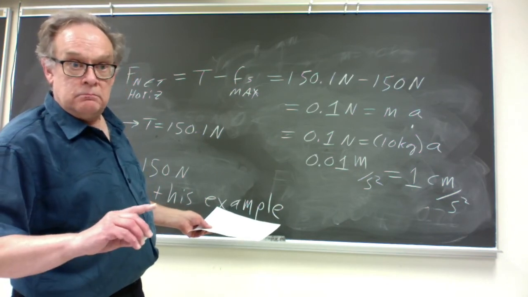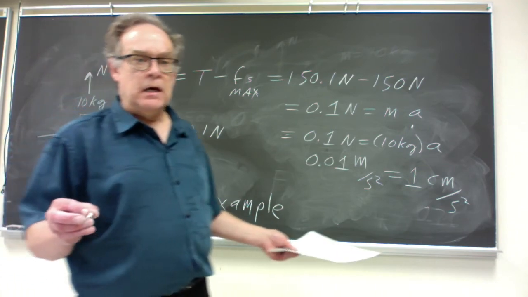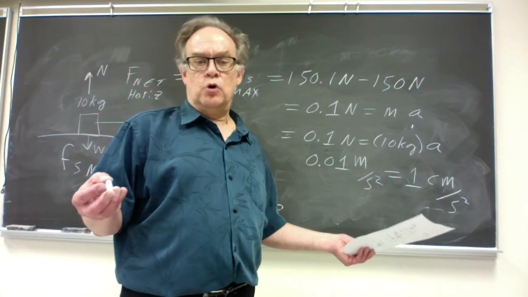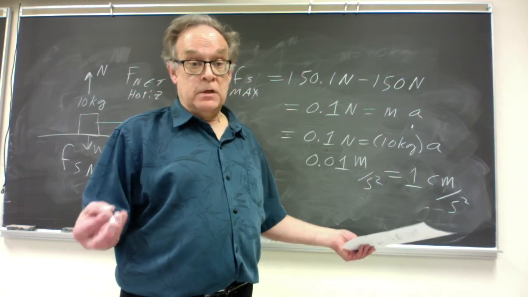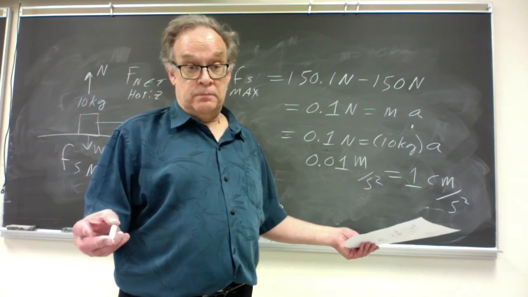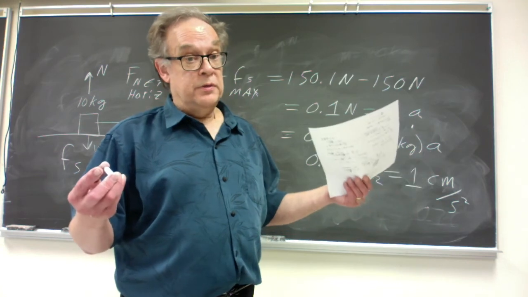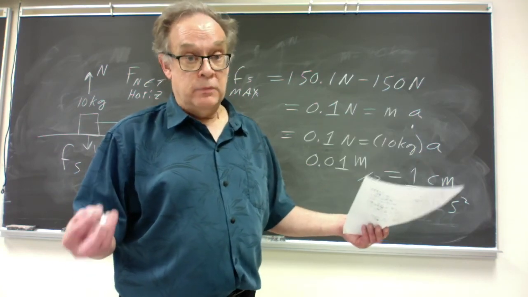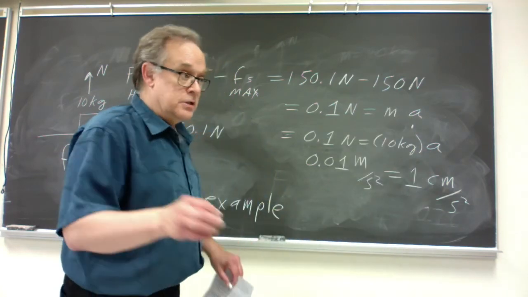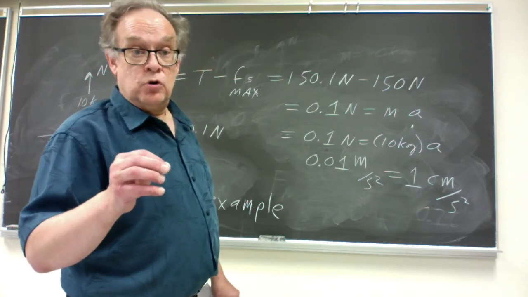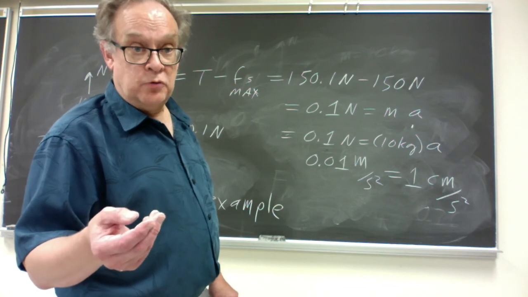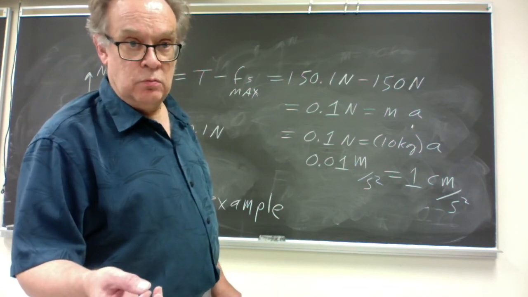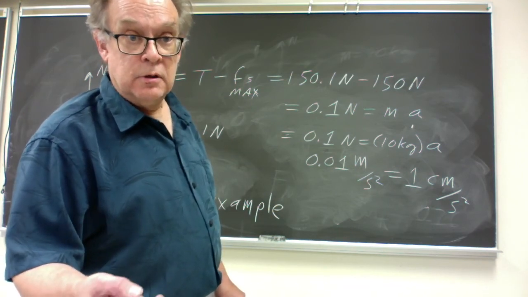And then in this case, how would we find the coefficient of static friction? Well, to find the coefficient of static friction, you need to know the maximum possible value of static friction, because the only place coefficient of static friction appears is in the equation for maximum value, maximum strength of static friction.